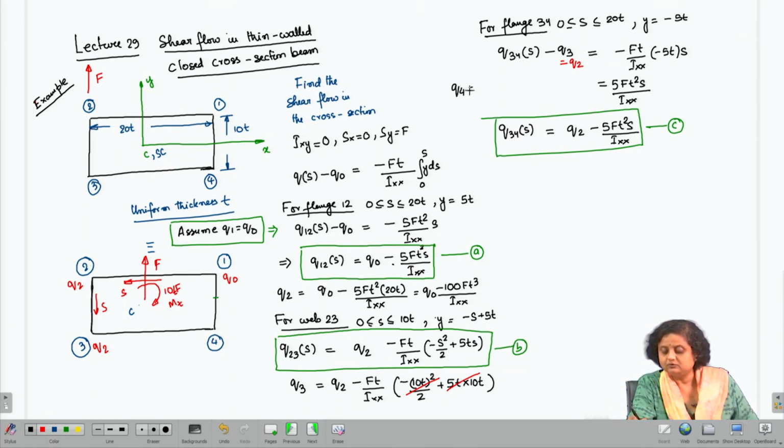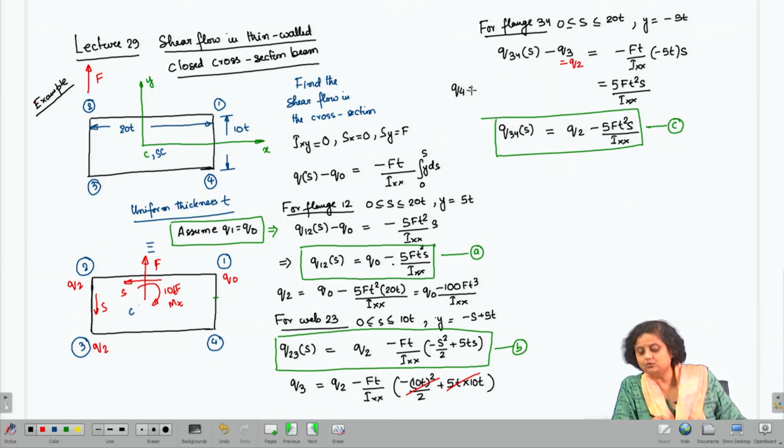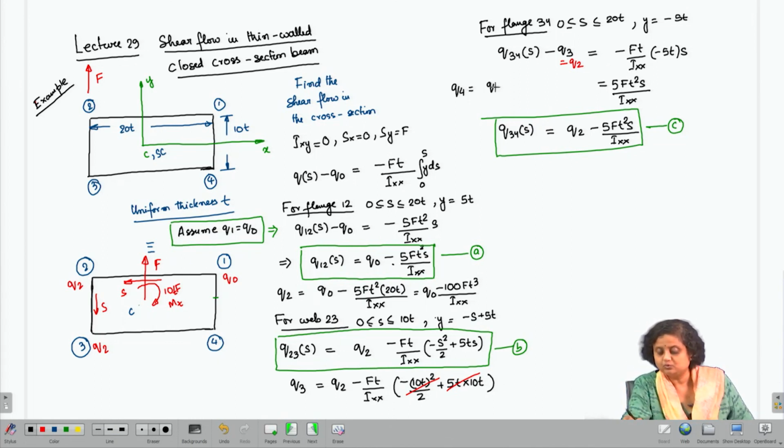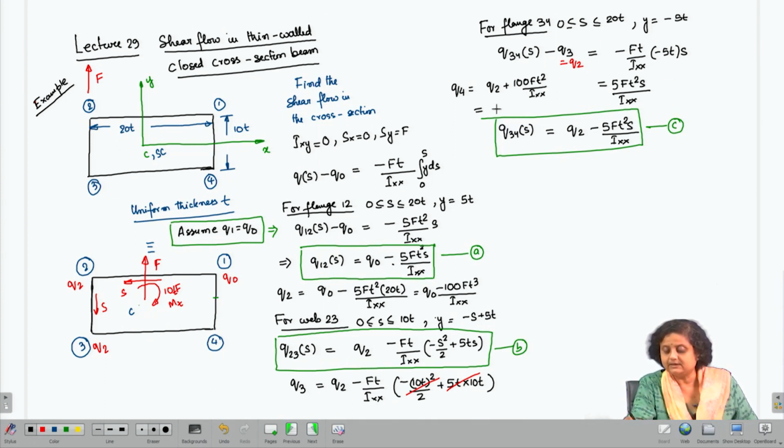Now, apart from equation C, we can also figure out that Q4 is going to be Q2 plus 100 F t square by Ixx. Now, Q2 in turn is Q0 minus 100 F t square by Ixx plus 100 F t square by Ixx.